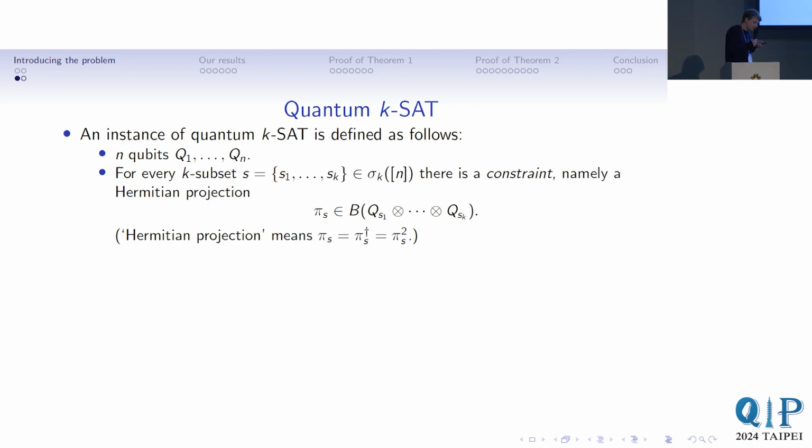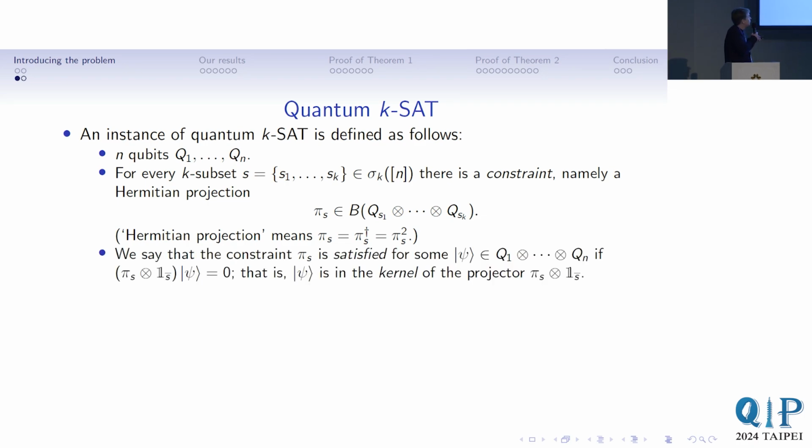We say that this constraint is satisfied for some state of all the n qubits together if you do the projection on those k qubits, S, and on everything else you do nothing at all, and you want this state of the n qubits to be in the kernel of this projection. So we say that the constraint is satisfied if this state is in the kernel of that projection.